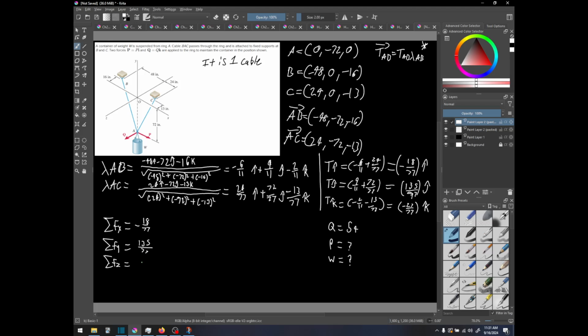Z, we've got negative 27 over 77. That's t. And then for p, it's going to be in the x direction, it's going to be 1p because the variable is going in that direction, and then none of that variable is going to be in any other direction.